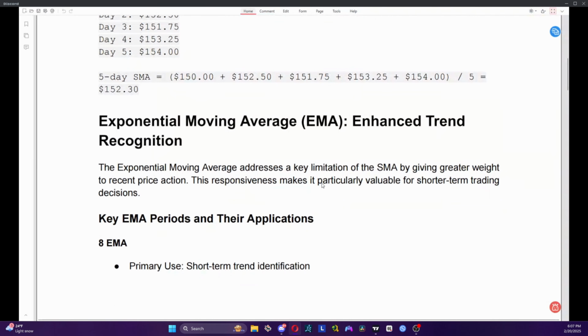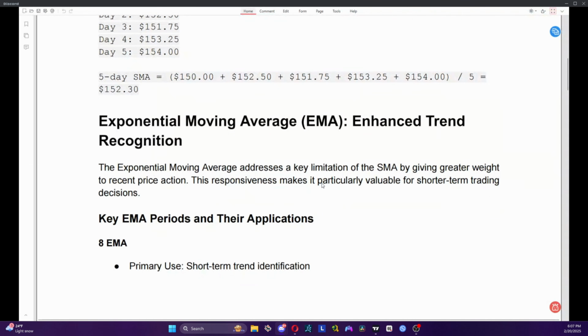On the other hand, you have exponential moving averages, which I always explain as pretty much an enhanced trend recognition average. And the reason I say that is because exponential moving averages have the ability to give you a quicker response because it's taking recent price action into account.